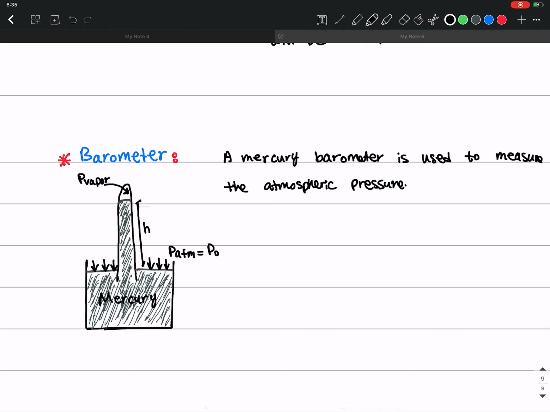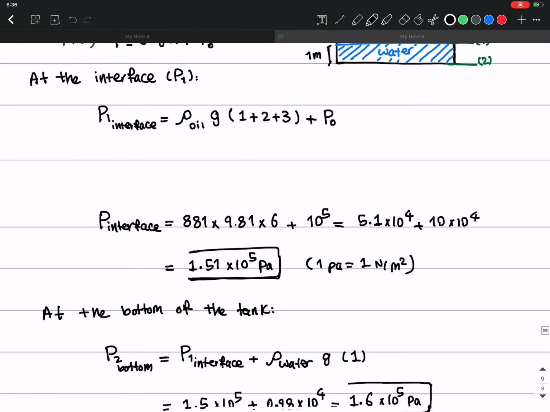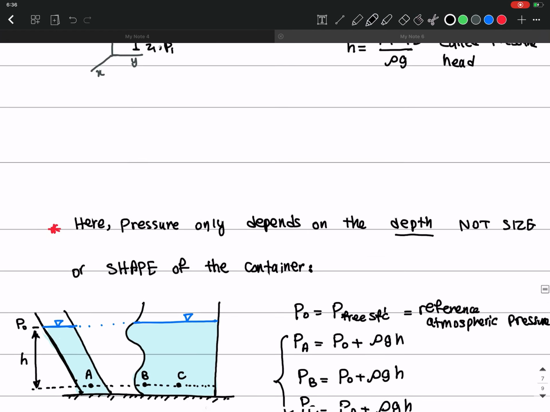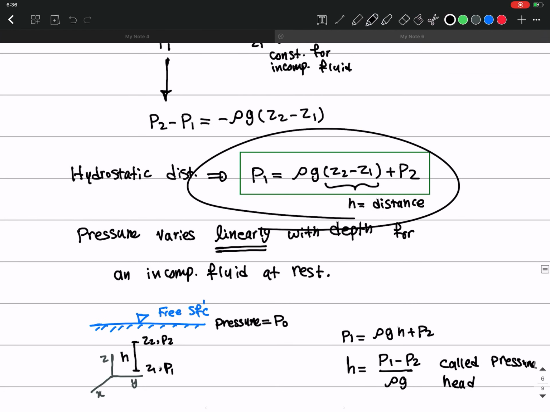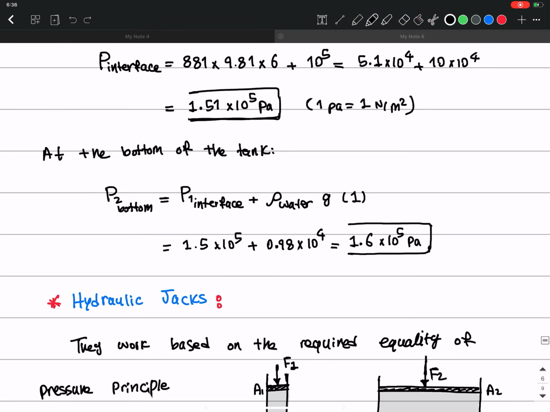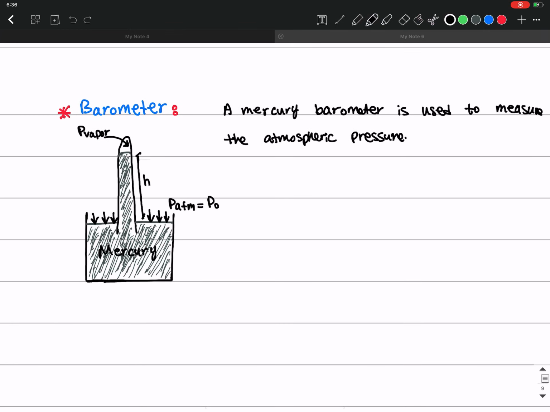So this instrument is used to measure the atmospheric pressure, okay? So let's see how it does that. If you write the pressure equation that we learned for fluids, P1 equals rho g (z2 minus z1) plus P2, we are going to get atmospheric pressure. I'm going to write it from two sides, because this is a fluid.